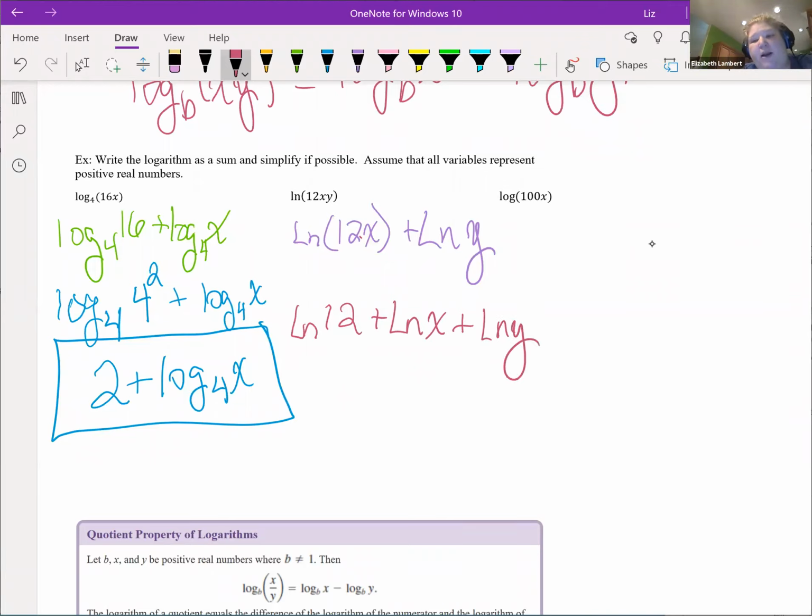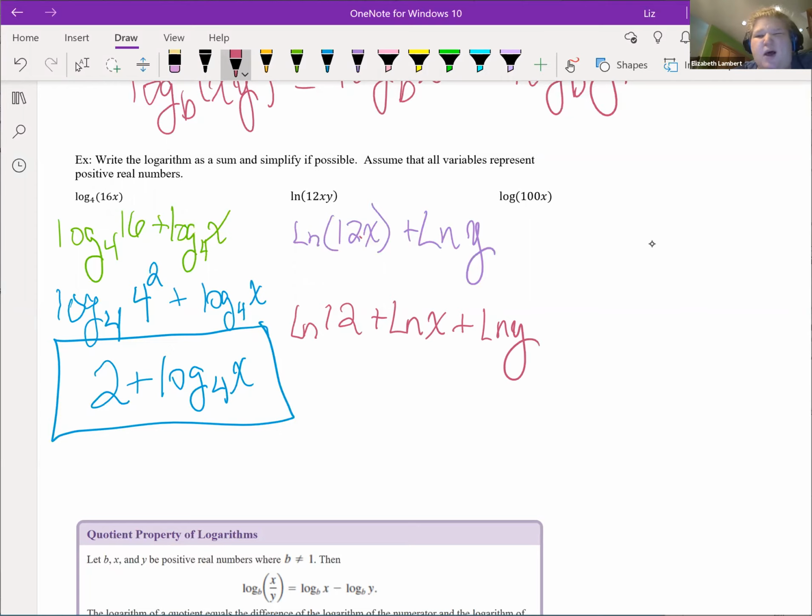So repeated products, I just get repeated additions. It doesn't matter how many things I multiplied up there, everybody would get a log. And in calculus, things that are being added are way nicer to take the derivative of than things that are being multiplied. That is the power of this, or one of the powers of it.